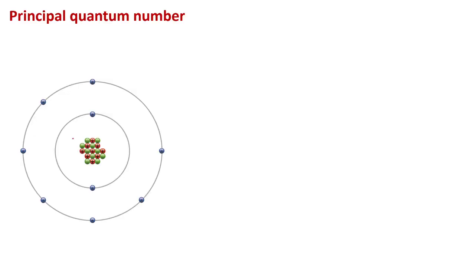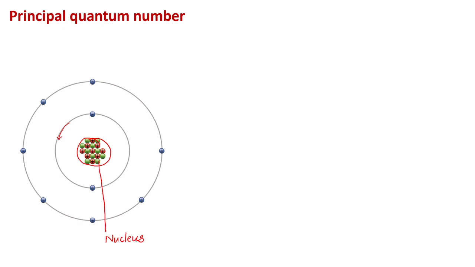Talking about the first one, which is the principal quantum number, we know that there is a central region in an atom which is called the nucleus. We have already seen that the nucleus is the site of protons and neutrons. Now the electrons are moving around this nucleus.